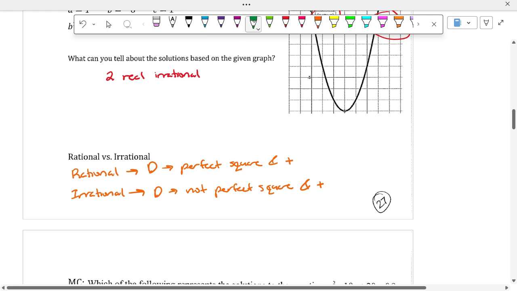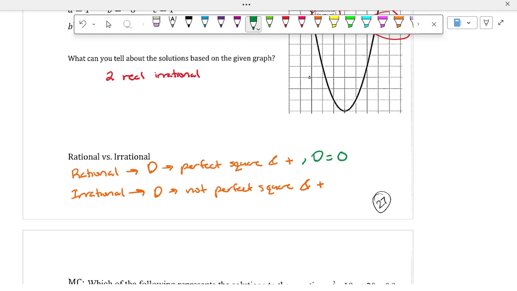And also remember, another way you can get rational is if your D is equal to 0. So your discriminant is equal to 0, that also will give you rational. At no point, if your discriminant is equal to 0, will you get an irrational number. You will always get rational.